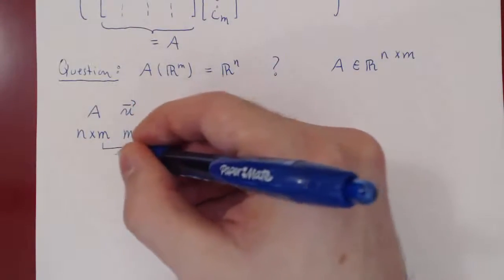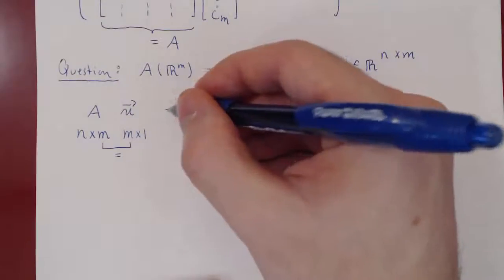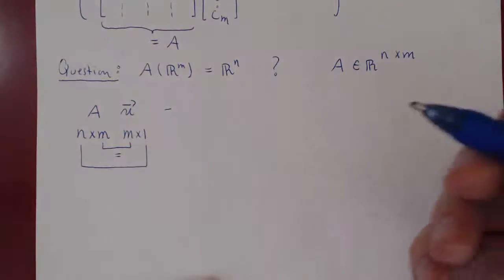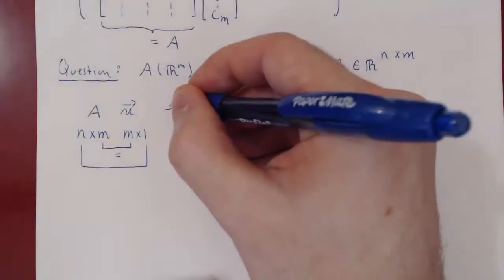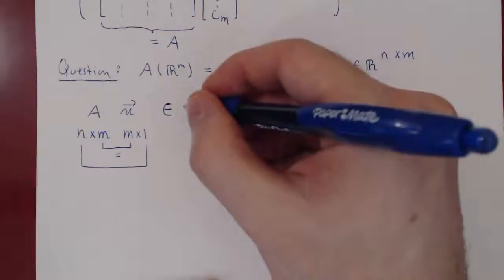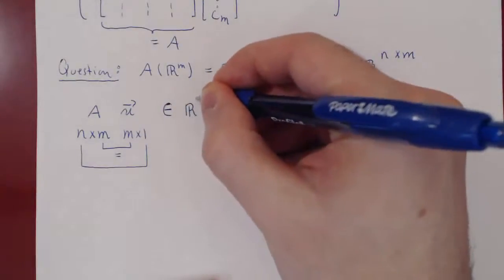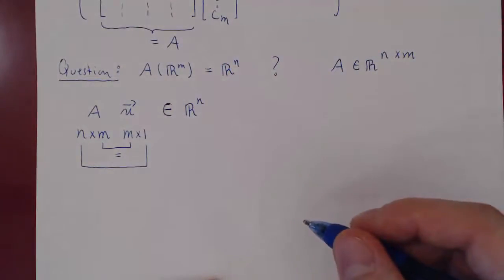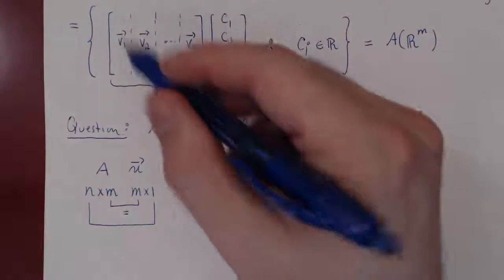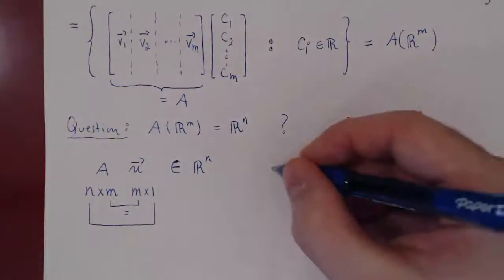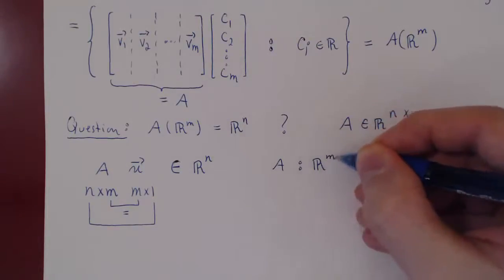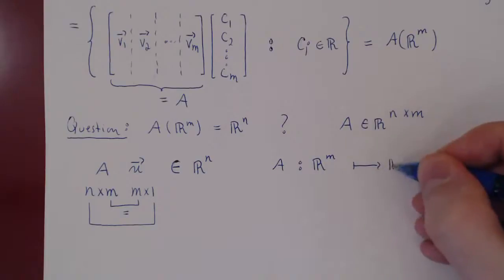The product is defined, and the result will be an n by 1 matrix, but an n by 1 matrix is a vector in Rn. And so now we're just viewing the matrix where the columns are the vectors v as a function from Rm to Rn.